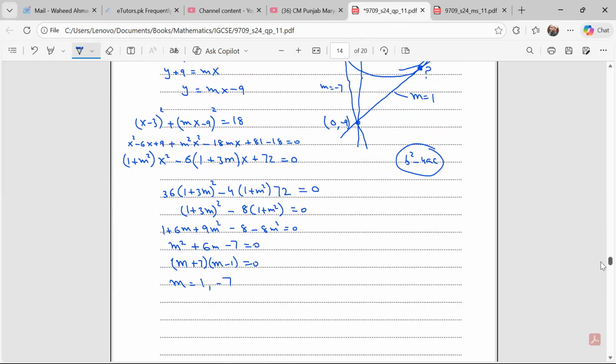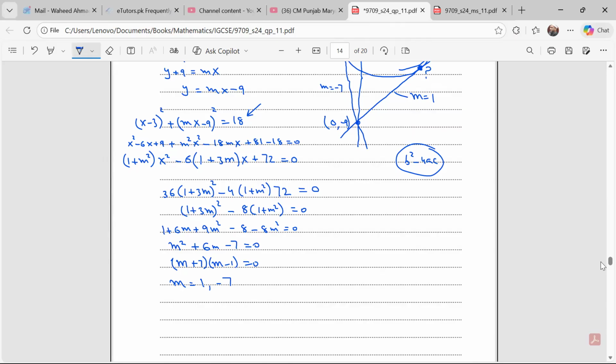We can find that by solving this equation with m equal to plus 1. Because this equation was giving you the solution of the straight line and the circle, right? And if I put m equal to 1, then definitely this equation will give you only one solution, and that will be the x coordinate of the point of intersection of the tangent line.